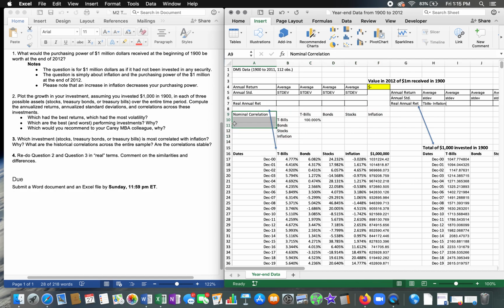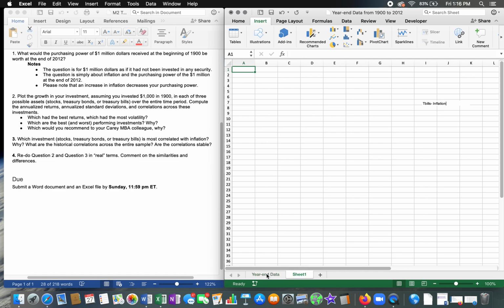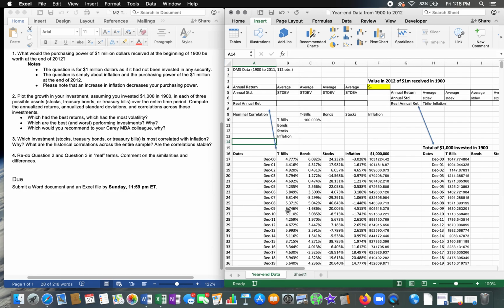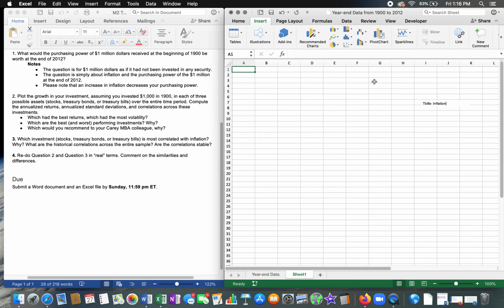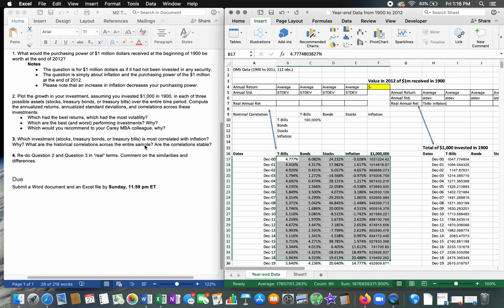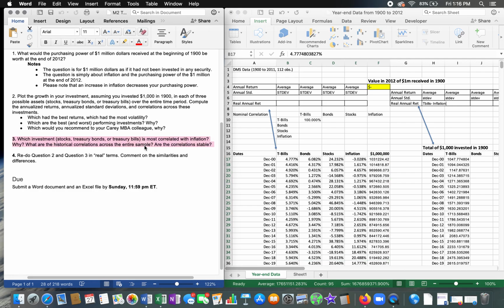And then to do the historic correlations, you could open a new tab and break the data into maybe 10, 15, 25-year periods and find the correlations between them. Okay, and then you can see if the correlations remain stable or not throughout the years.